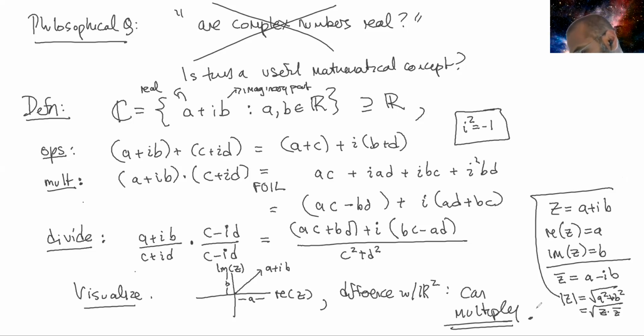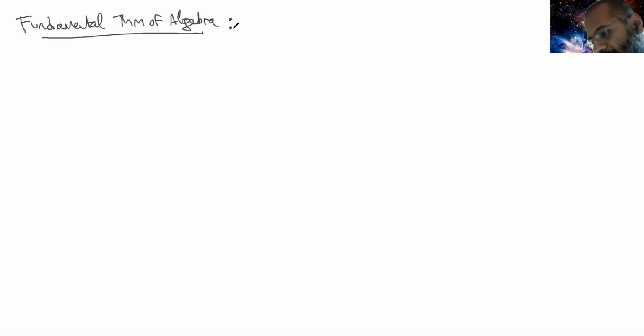Okay. So now the punchline, the reason we use complex numbers, which was proven by Gauss when he was, I think, 18 or something like this. And here's what it says.